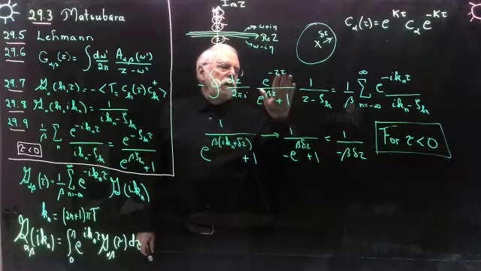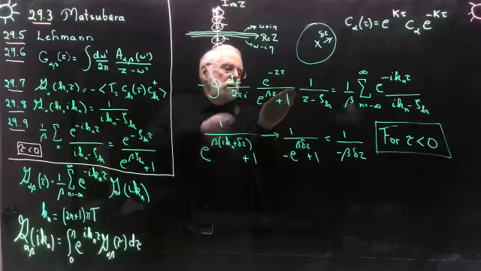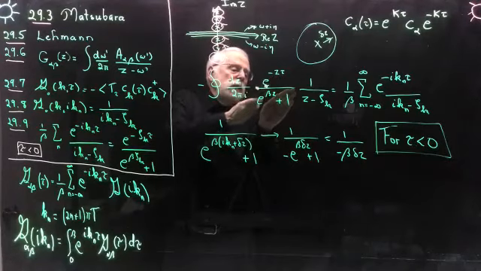When z goes to infinity, then I have e to the minus beta z here, and beta is always larger than this. So for z going to infinity, it goes like e to the minus beta z, and tau is negative, so that will give me a plus sign, but beta is always larger than this.